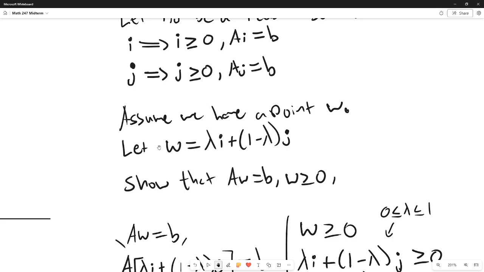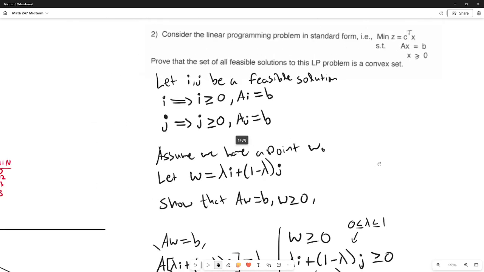That's how we got lambda I plus 1 minus lambda J. Knowing that will help in answering other questions. You can take the route of memorizing every proof she's given us, but then if you go to the exam and get a question that we haven't seen yet, you're going to be screwed because you were just memorizing it. So actually understanding why this works will help.